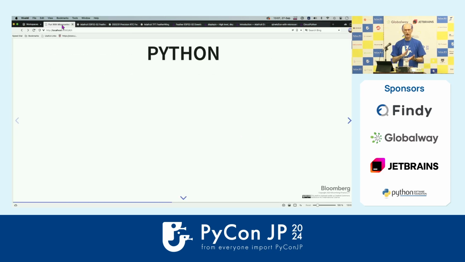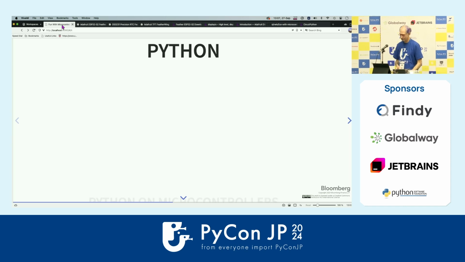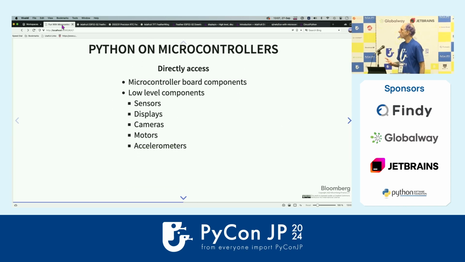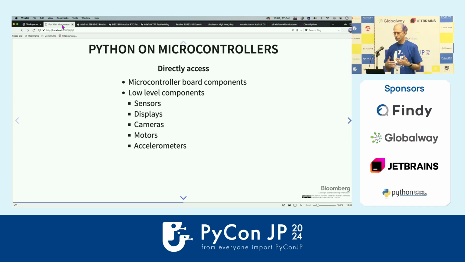All right, so we have our data, we have our hardware, and now we're ready to use Python to put it all together. So Python on microcontrollers, the fun part of this is that we have direct access to the microcontroller board components, and we can also connect and have access to, from Python, low-level components such as sensors, displays, cameras, motors, accelerometers, and there's a long list of other items.